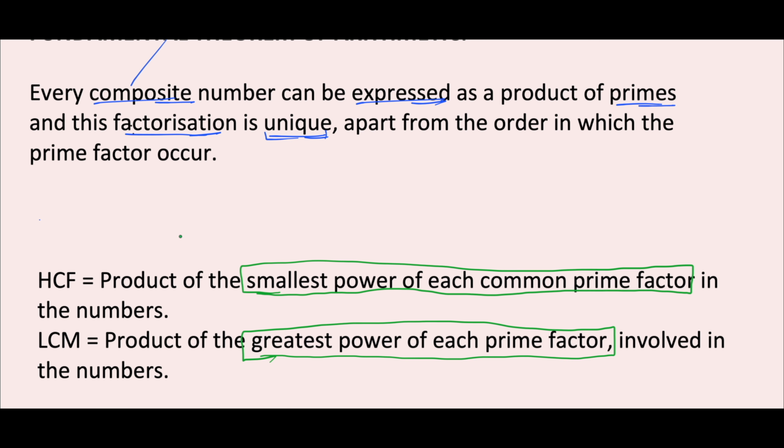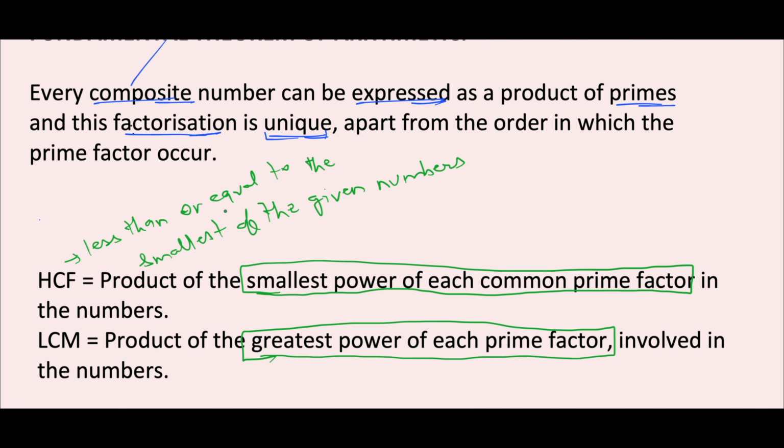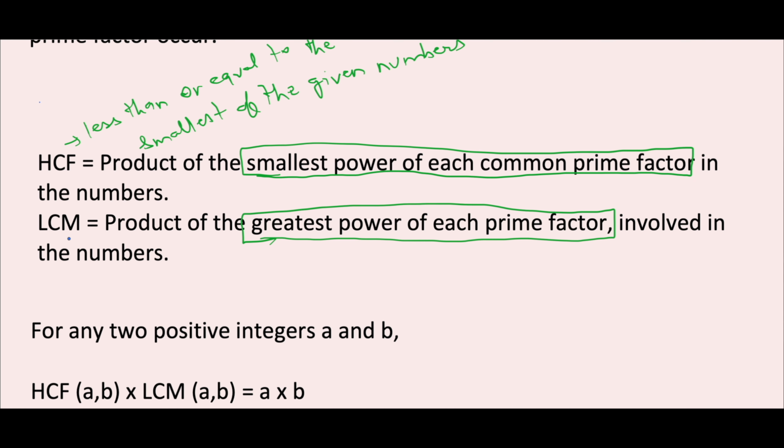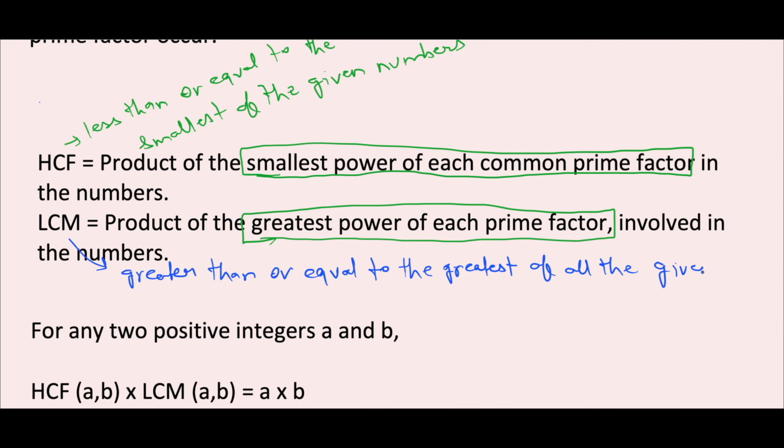So the HCF will always be less than or equal to the smallest of the given numbers, and similarly, the LCM will be greater than or equal to the greatest of all the given numbers.